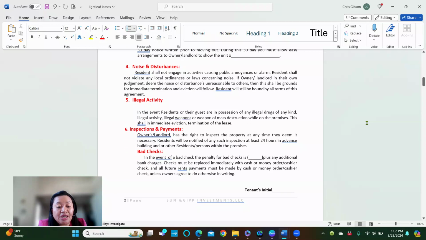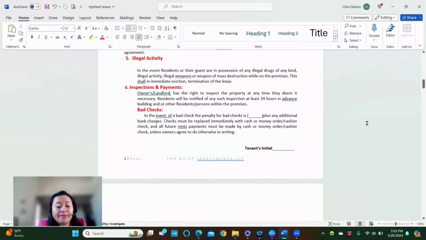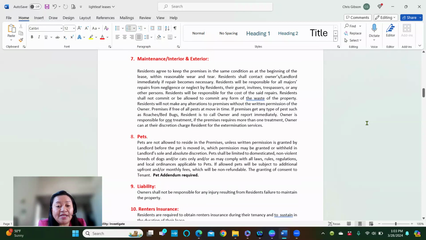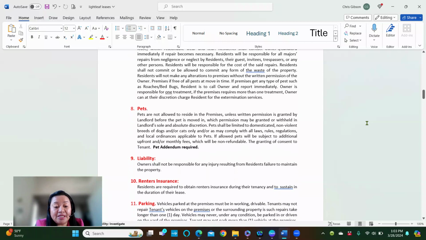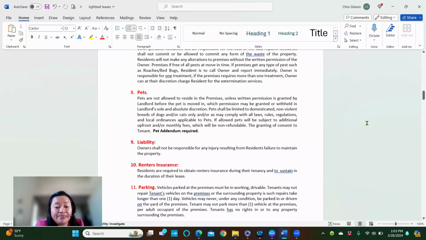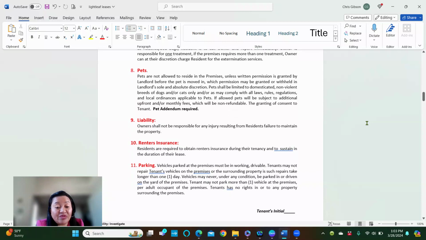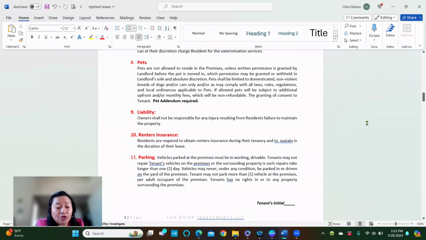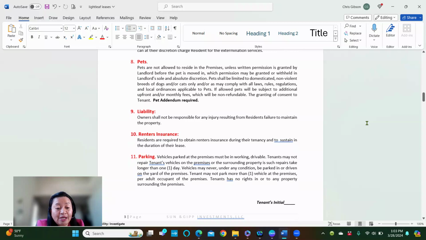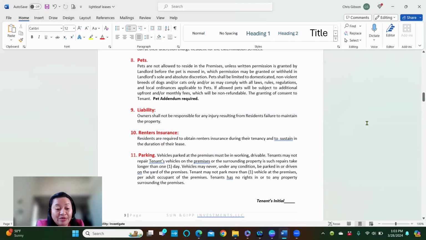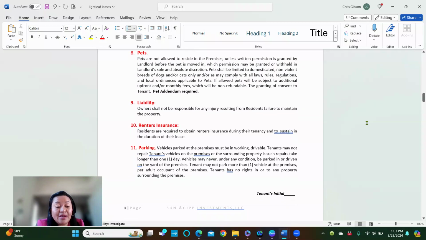Number six, inspections and payments. Number seven, maintenance, interior and exterior. Pets, which is a very common problem nowadays. Liability. Number 10, renter insurance also. So don't forget to include this in your terms for your rental property.